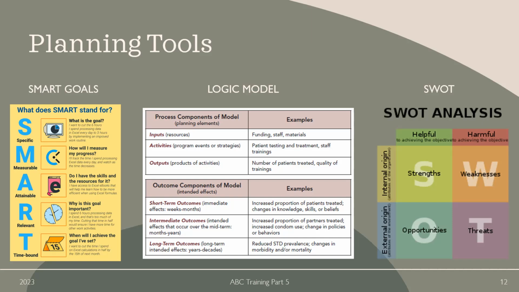Outputs might be the number of people you've treated. Notice output is a number, right? It's not an outcome. It doesn't say whether those patients felt good about their treatment or felt like they received good education. Those would be outcomes. And you might have short-term outcomes, medium length outcomes, and long-term outcomes.